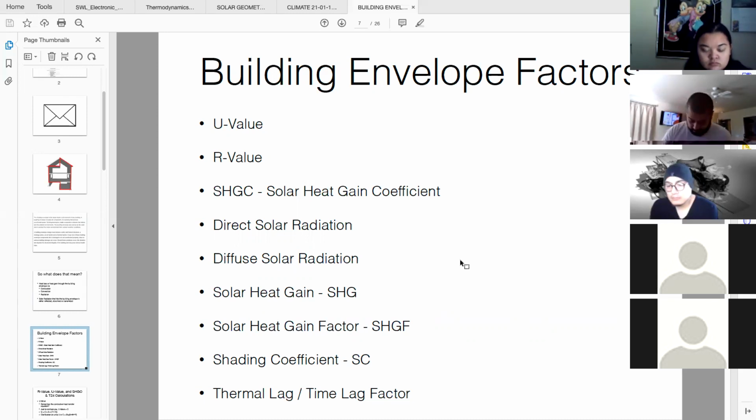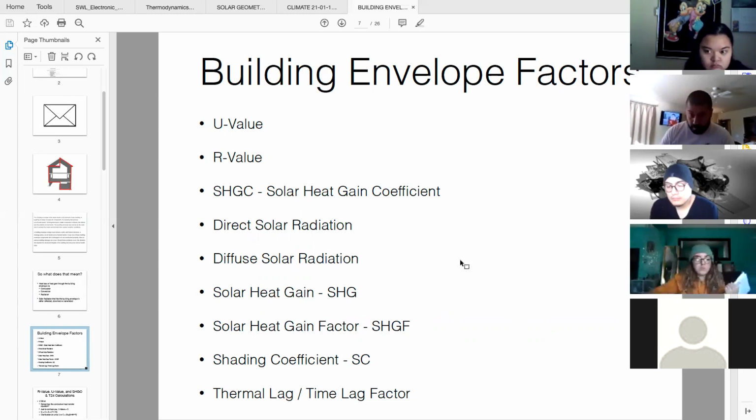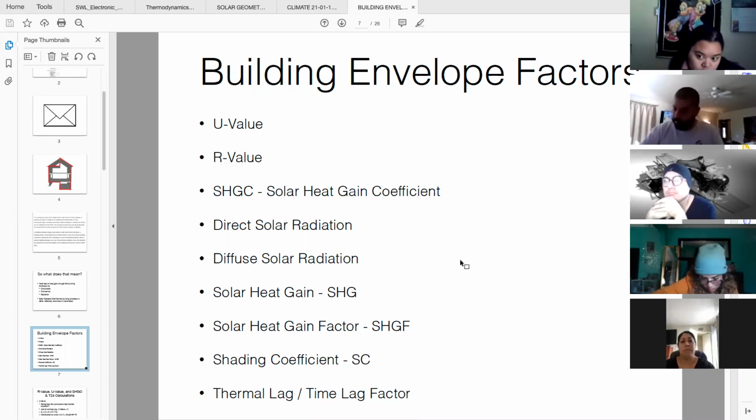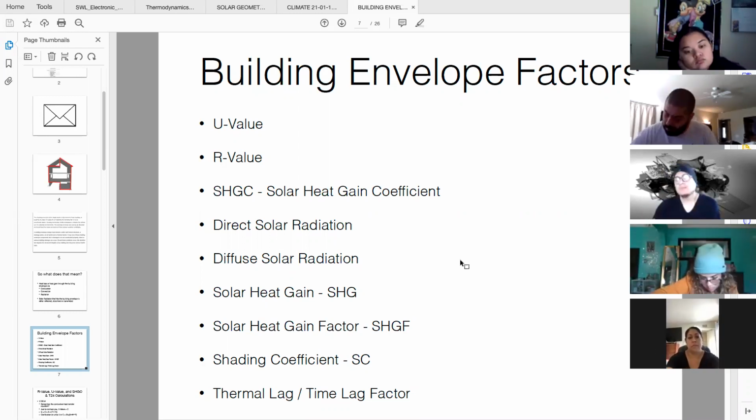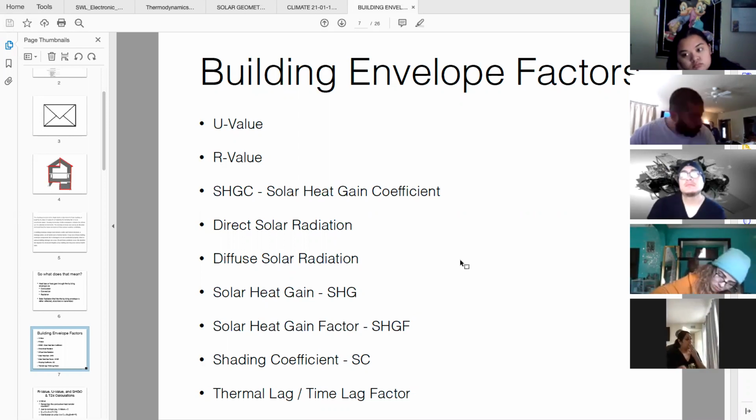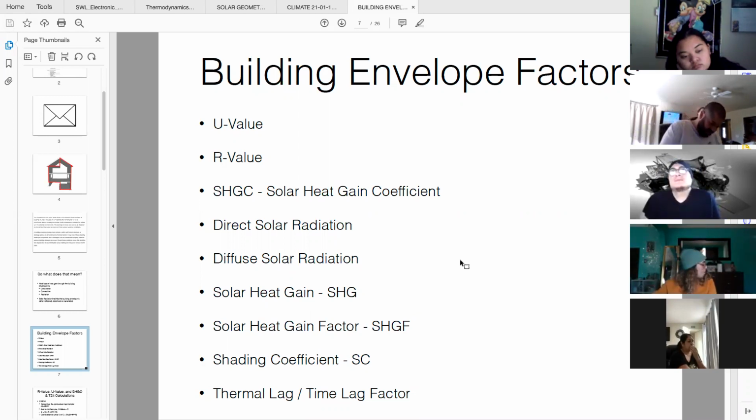So U equals 1 over R, or R equals 1 over U. The key thing for looking at glazing is going to be the solar heat gain coefficient. Different types of radiation affecting the building are direct solar radiation and diffuse solar radiation. We're going to be going through all of these terms. This is just to put them out there at the front, and then we'll talk about each one of these.